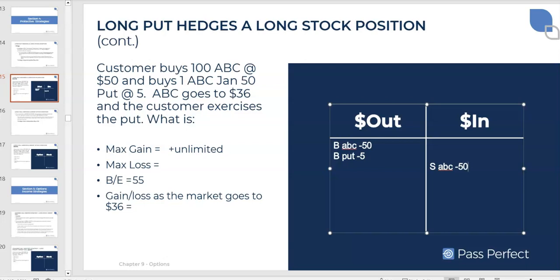And if that stock crashes, well, there should be a plus sign, because if that stock crashes out, he can still get out of it at 50. So what's our worst case scenario? 55 went out and 50 came in, making a grand total of minus $5 a share times 100 shares equals minus 500.